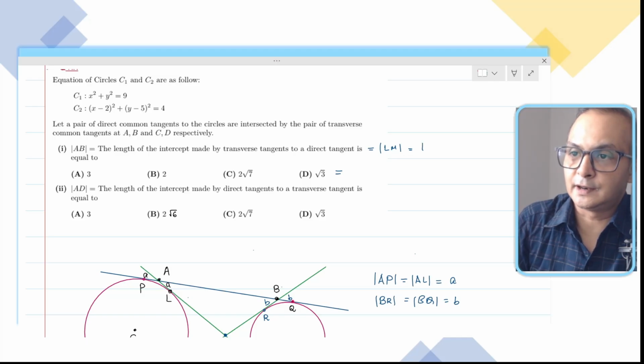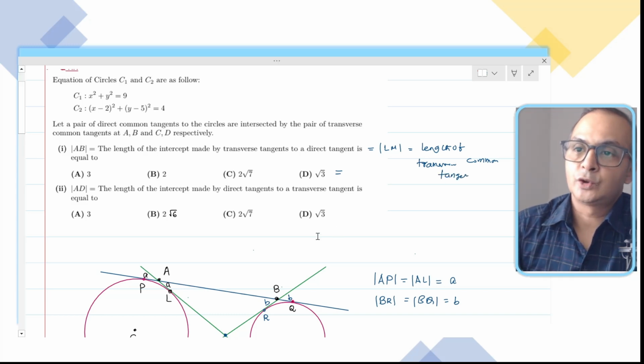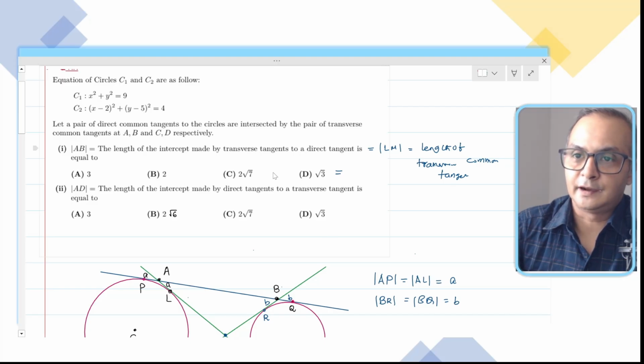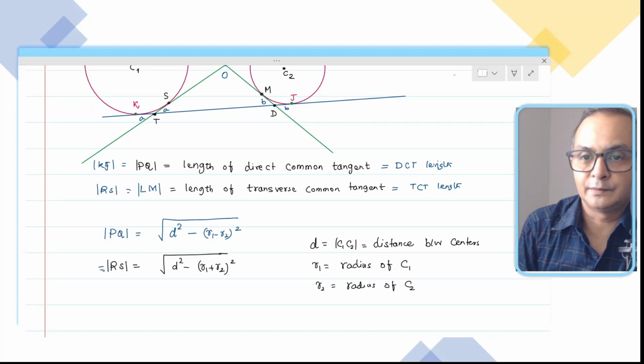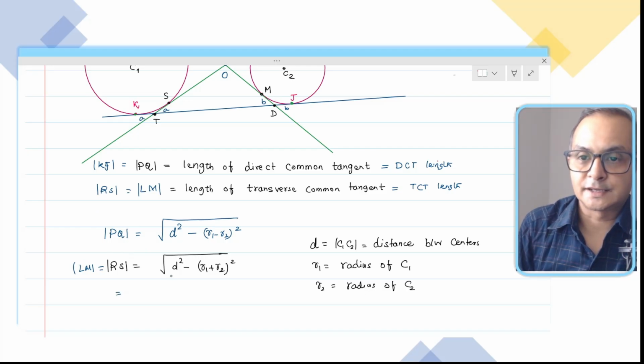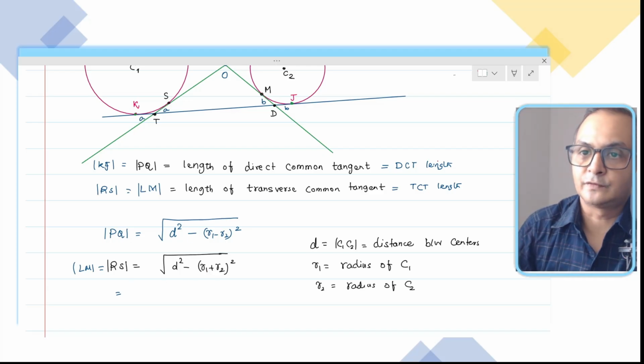So let me write here the length of transverse common tangent. Now you can find it by just using the formula, and the length of transverse common tangent formula is this one, this LM or RS. So we can find the distance between the two centers, and the radii we have already been given, so we can find it.